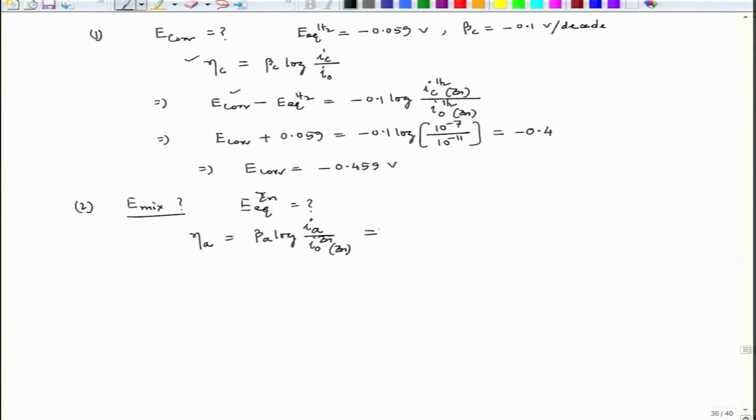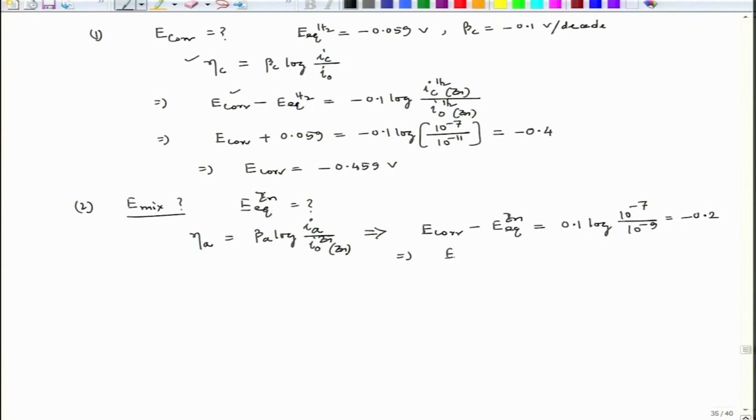Then E corr minus E equilibrium zinc equals 0.1 log 10 to the power minus 7 divided by 10 to the power minus 9, equal to minus 0.2.